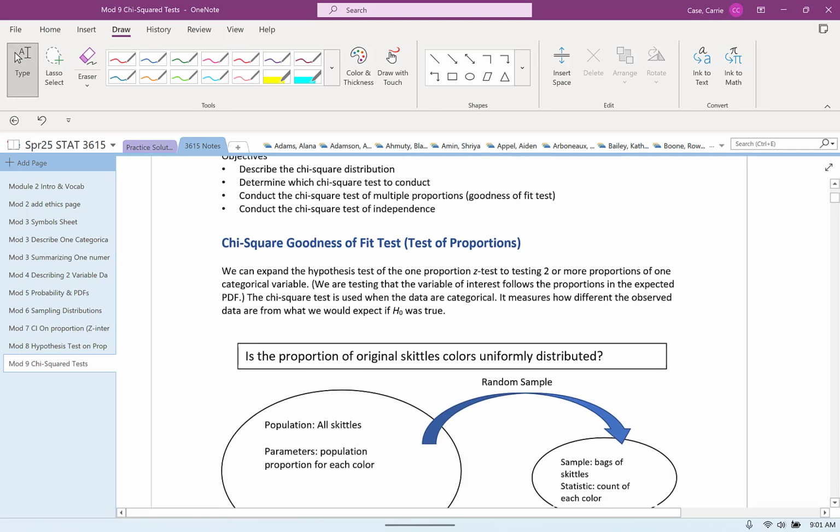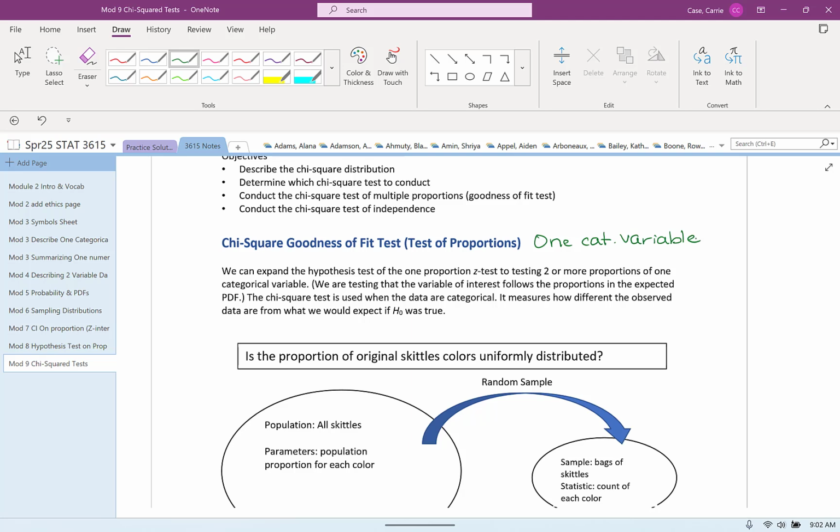So the chi-square goodness of fit test is a test of proportions when we have one categorical variable. In this case, we're expanding the one proportion z test to 2 or more proportions. So what we're talking about is when the answer to the question is not something that just has one level, it has multiple levels of answers.